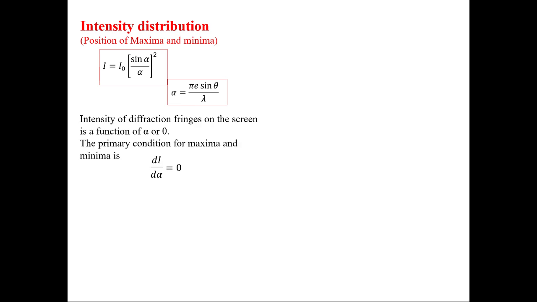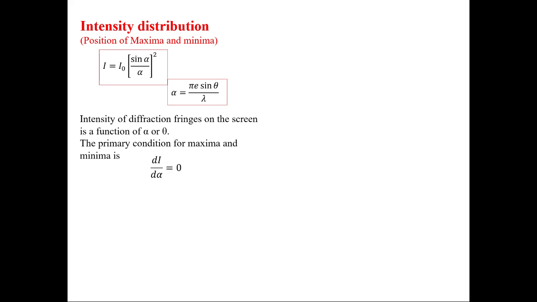Now we find the intensity distribution on the screen, where we already have I equal to I naught sine alpha upon alpha whole square as the intensity. To find the intensity profile, we see that this intensity depends upon alpha.